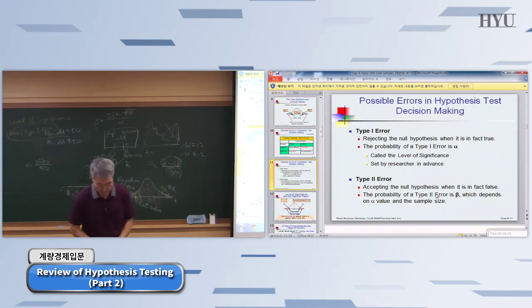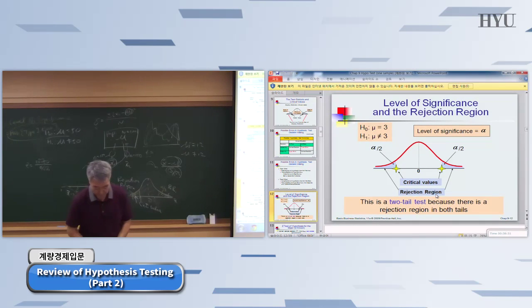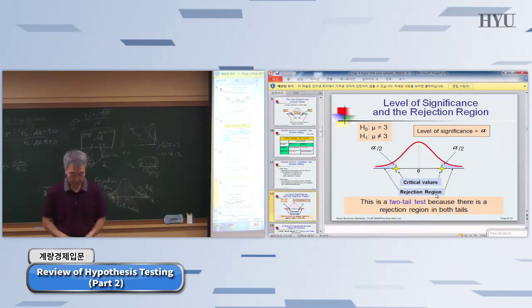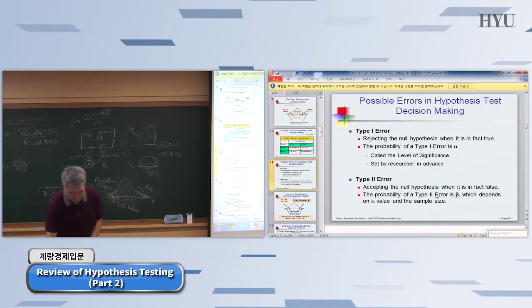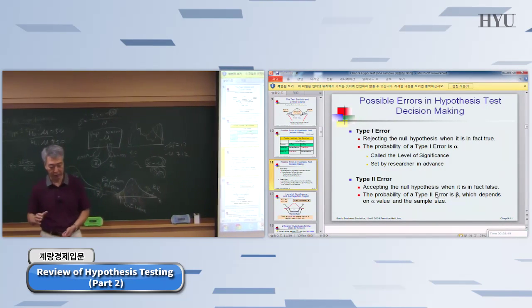Okay, so we've talked about all these things, type 1 error, type 2 error. The probability of type 2 error is beta, which depends on the alpha value and the sample size. So there is a kind of trade-off between alpha and beta.